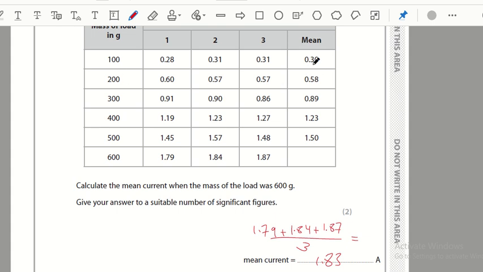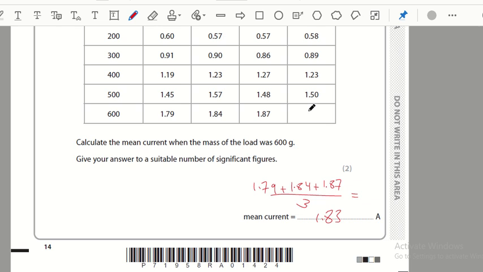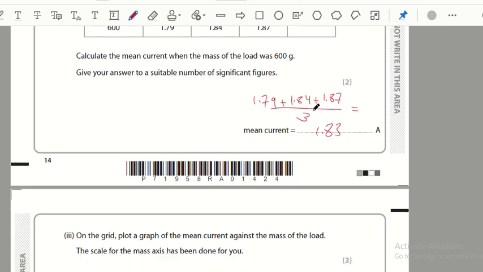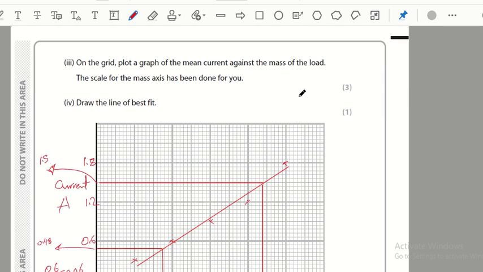So we start 0.3 at 100, nearly 0.6 at 200, 0.9 at 300. So every time we increase 0.3, here is 1.2 at 400, 1.5, and finally 1.8. So it is clear that the increase is 0.3 for each 100 gram.